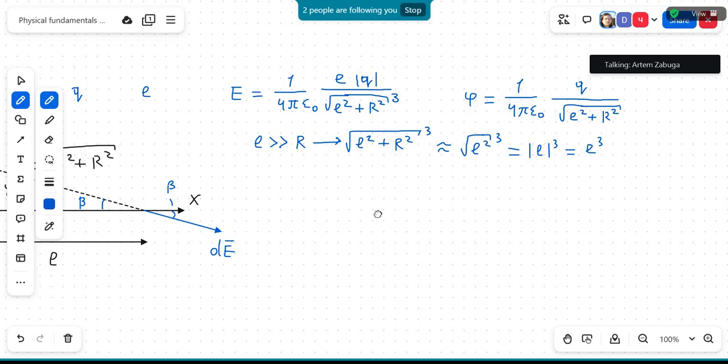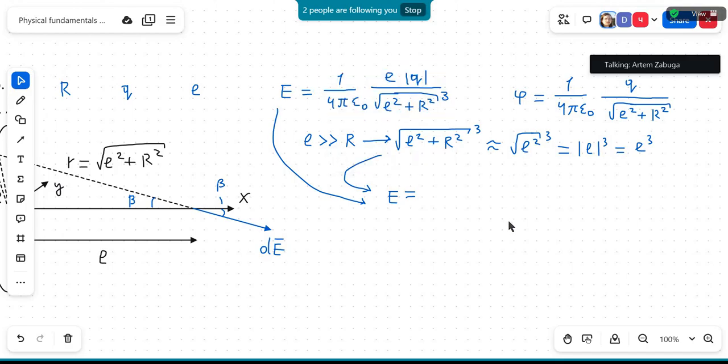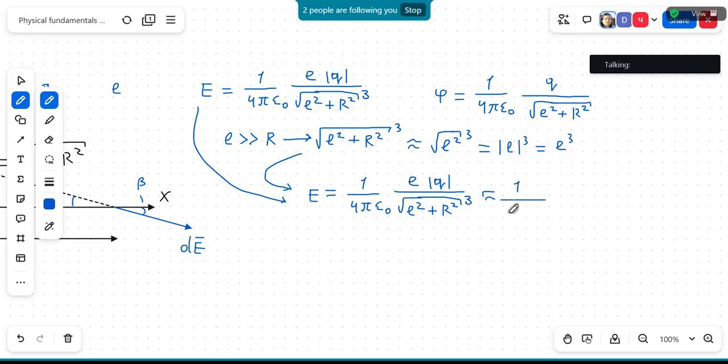And from here and here, in this special case, we'll have that E is approximately equal to 1 divided by 4 pi epsilon 0, L times the absolute value of Q divided by L to the power of 3.